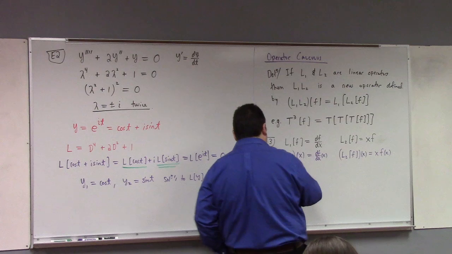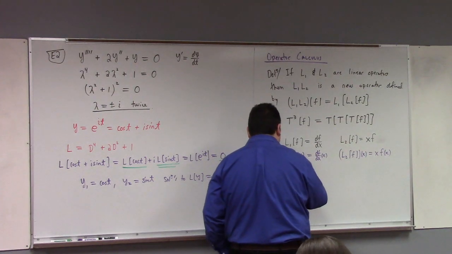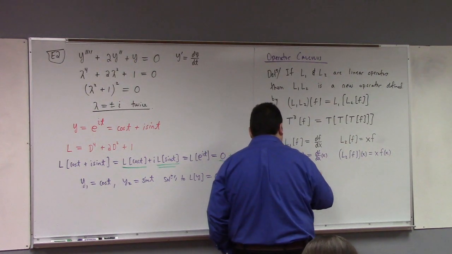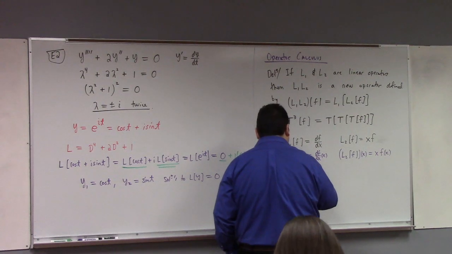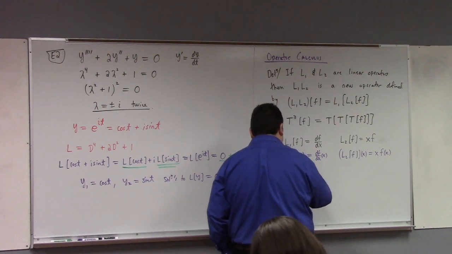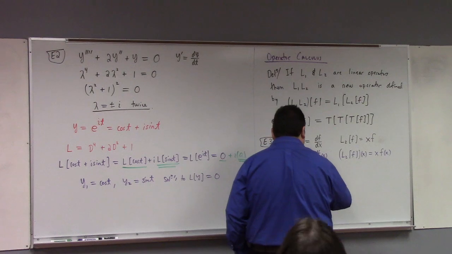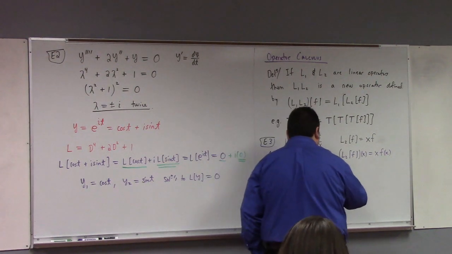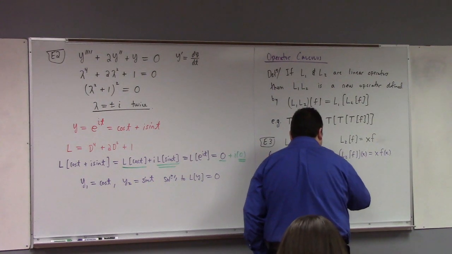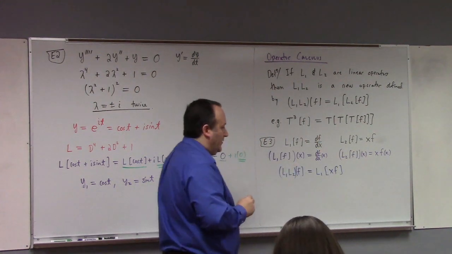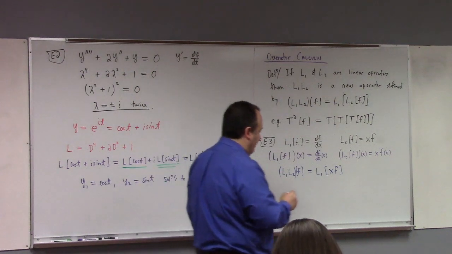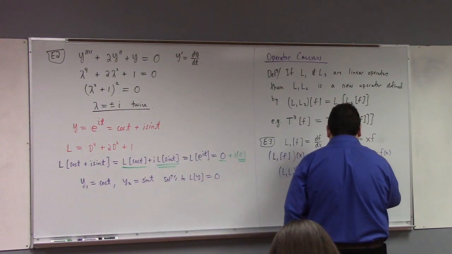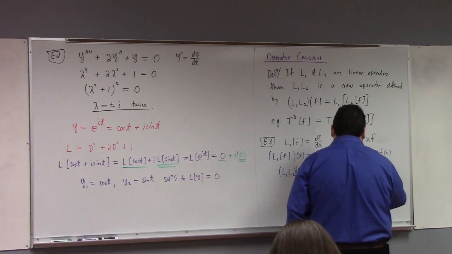So what's L1 L2 when we act on f here? What do we get? We get L1 of L2 of f, but L2 of f was x times f, right? But L1 was what? d dx of xf, right?